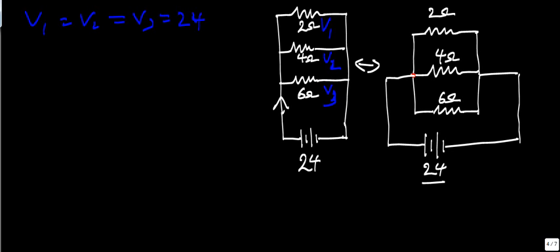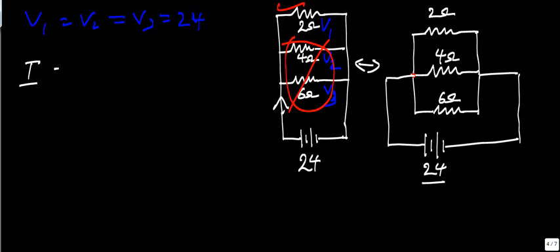Now that's not all. The scary guy says, what about the current? Yeah, you have to show him the current. So how to do that? This is the simplest way. When you're trying to find the current through this resistor, imagine that the rest of the resistors do not exist. So if you only have 2 ohm and you have the potential difference 24, can you find the current? Yes, you can.